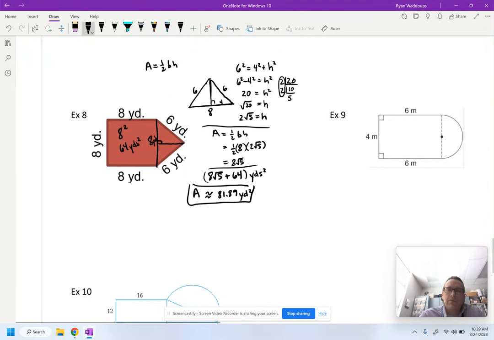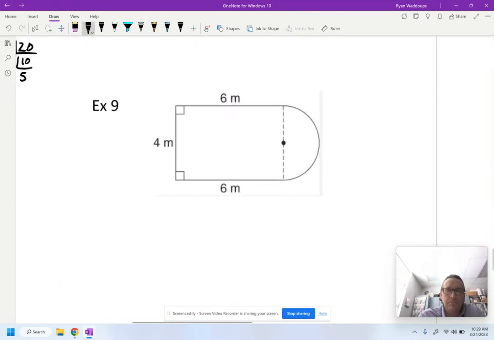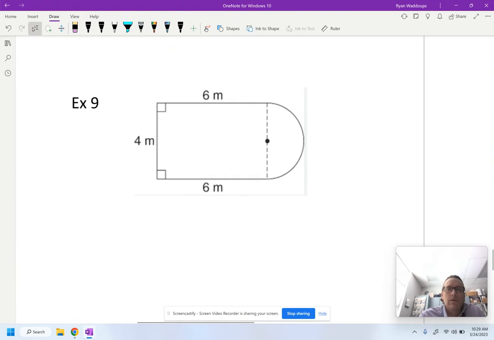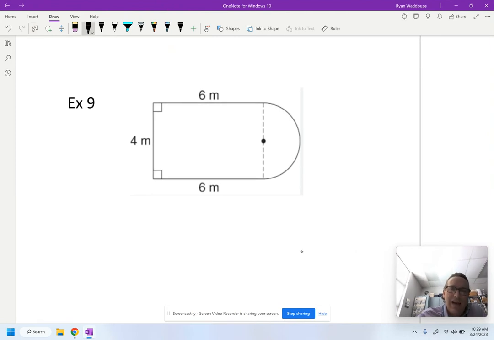All right, let's look at example 9. All right, I've got half of a circle. So if the circumference is equal to pi times the diameter, and I'm going to use diameter because this 4 here is the diameter of that circle.